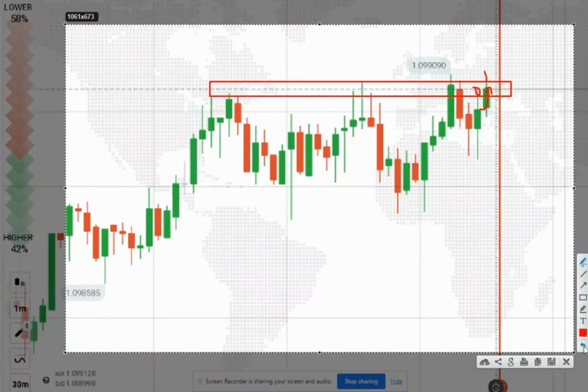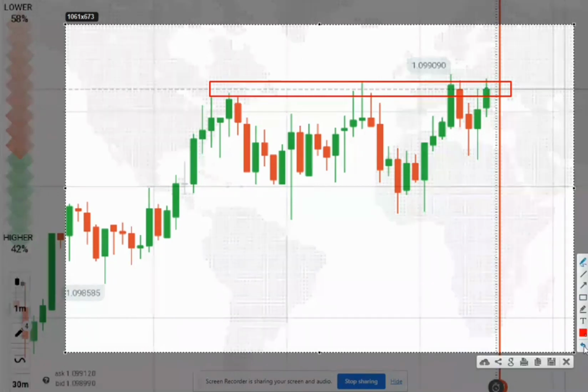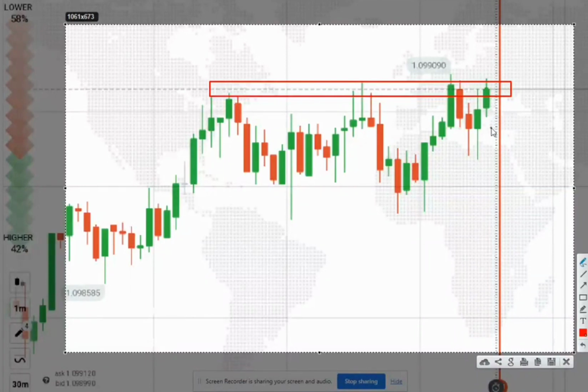Now what next? This candlestick looks like a spinning top candle because it has a lower and upper shadow. So this indicates that the market is expected to reverse, or we expect that sellers should at least try to show a presence here to reverse the market.